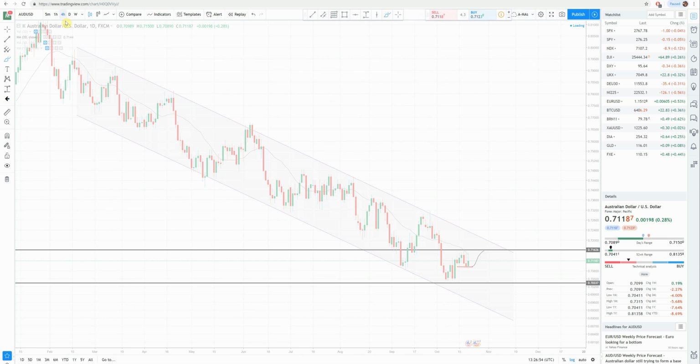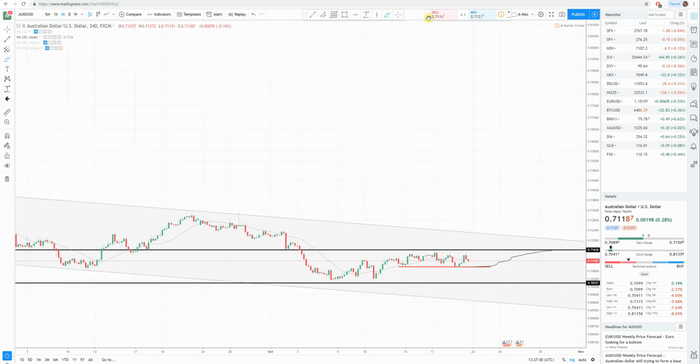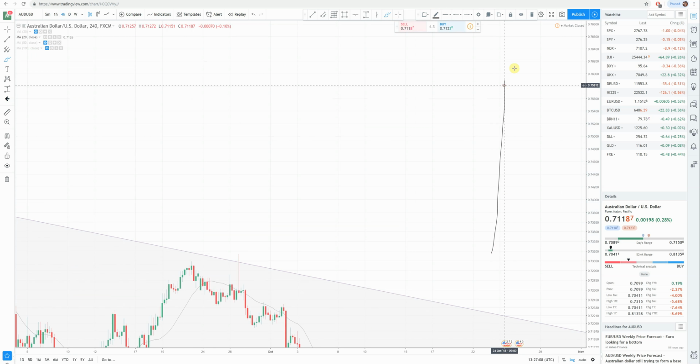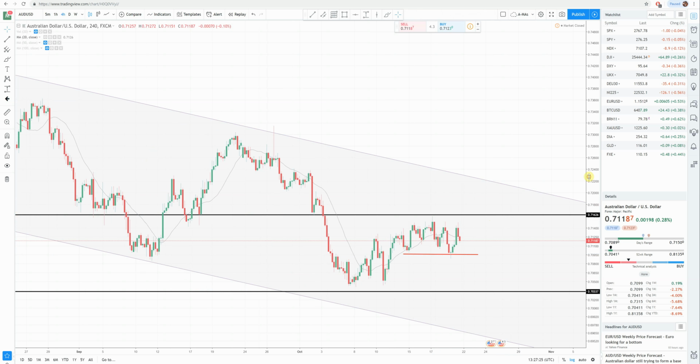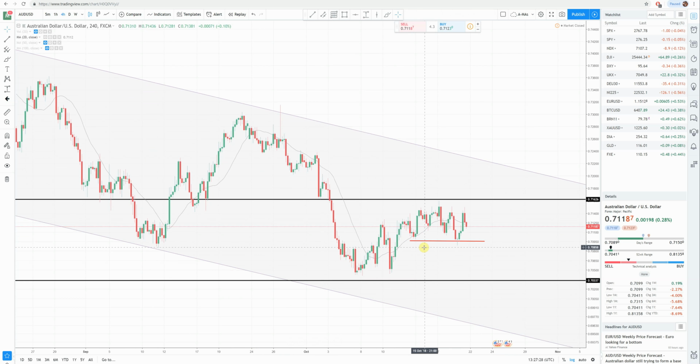the 4 hour time frame, we see an intraday support line at around 0.70941.